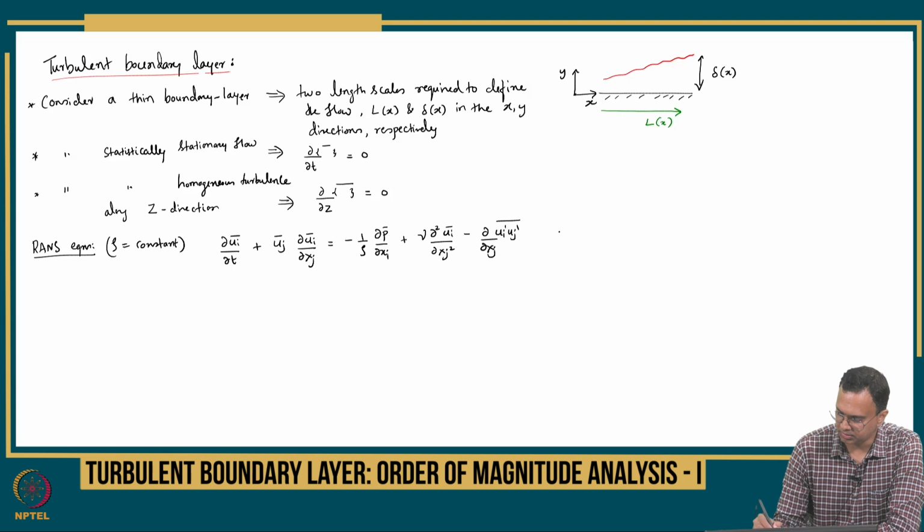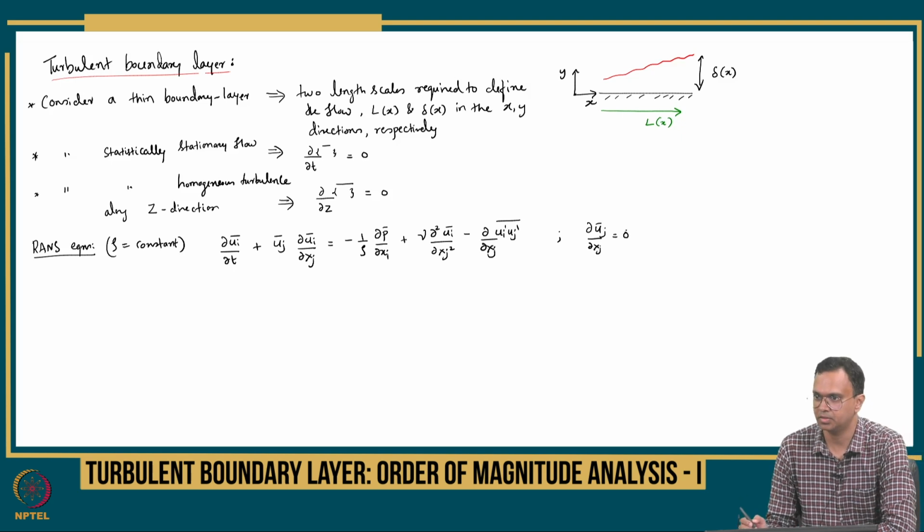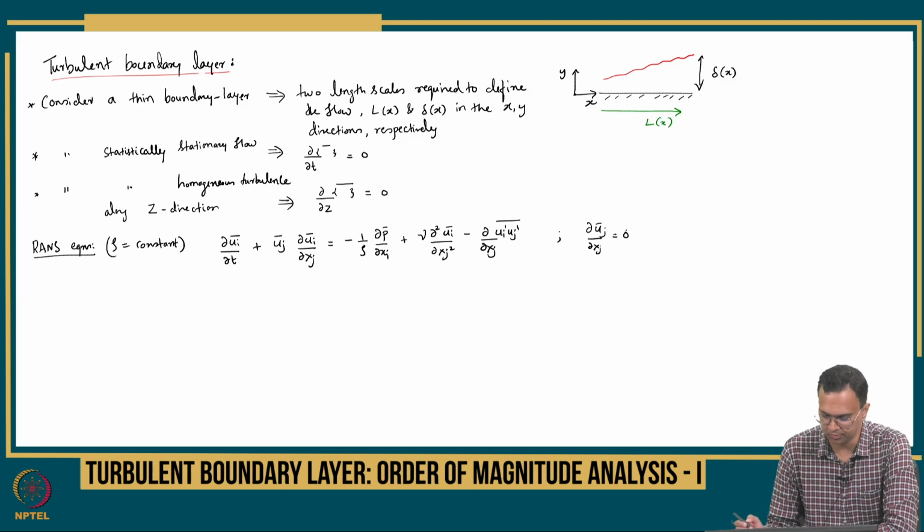Of course, I also have the continuity equation dou uj bar by dou xj equal to 0. This is my Reynolds equation for an incompressible flow.